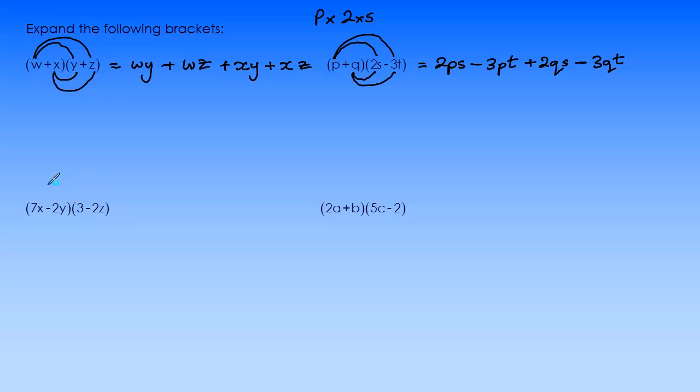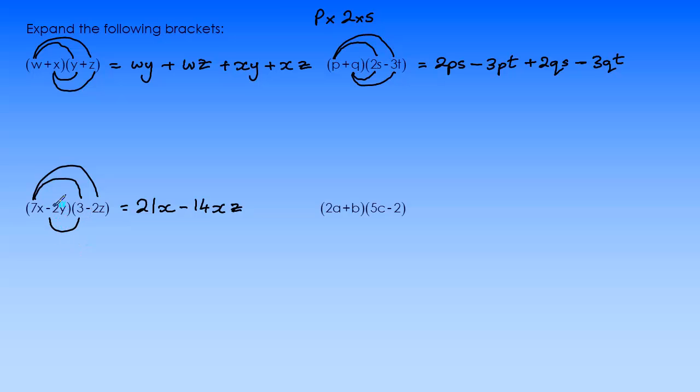So moving to this next one, 7x just multiplied by 3 is going to be 21x. 7x multiplied by negative 2z, so 7 times negative 2 is negative 14, and then x comes before z.